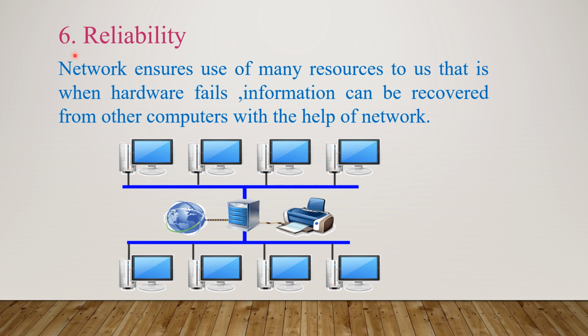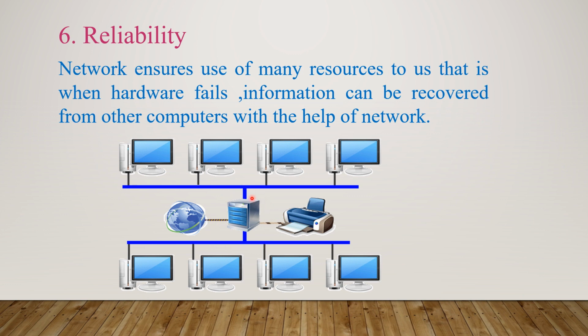The next advantage of computer network is reliability. Network ensures use of many resources to us, that is, when hardware fails, information can be recovered from other computers with the help of network. In this picture, all the systems and servers are interconnected with each other by the help of this communication path or network.